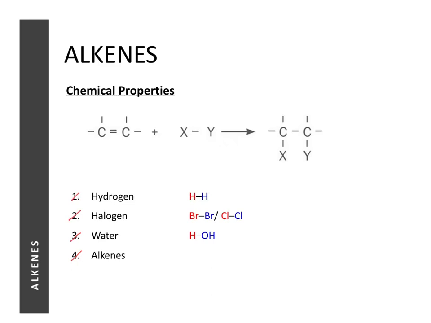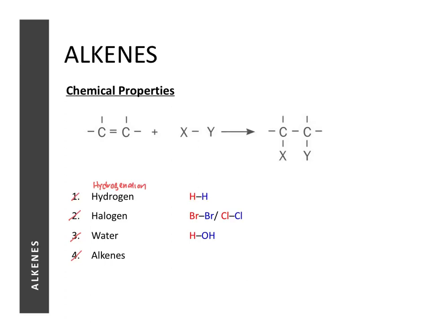First, each kind of reaction, each thing that we add to an alkene, has a name given to it, the name of the reaction. Secondly, we'll try to predict the product that is formed. When we add hydrogen to an alkene, the reaction is called hydrogenation.